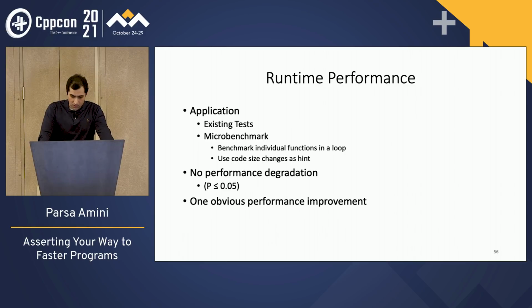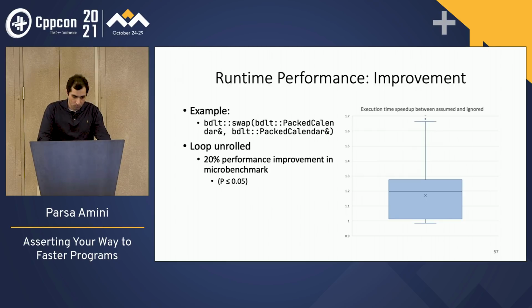Again, we saw no performance degradation with the same parameters, except one micro benchmark consistently is able to show a performance improvement. It's a swap overload that gains performance from an unrolled loop.